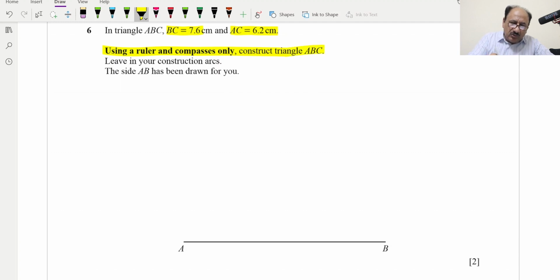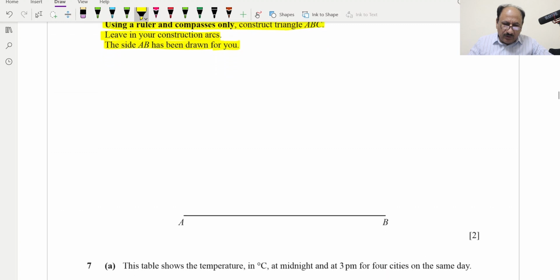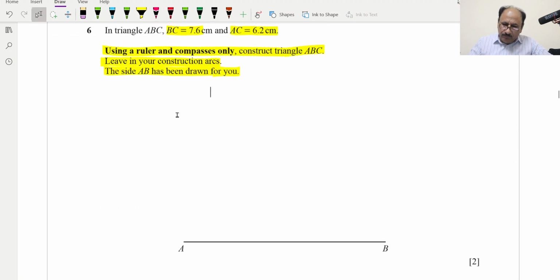Leave in your construction arcs. The side AB has been drawn for you. So the AB line is already provided, and BC is 7.6, and AC is equal to 6.2 centimeters.